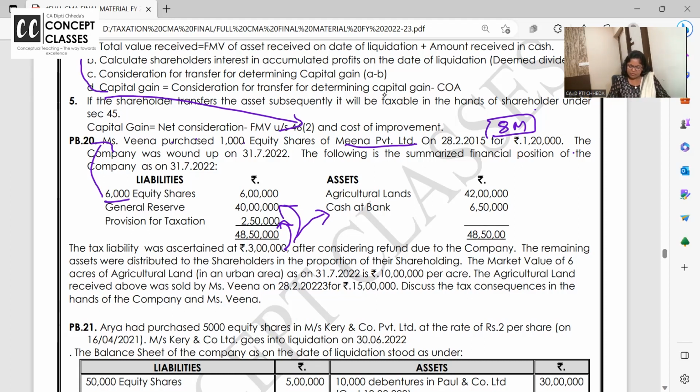Is the journal entry clear to everyone? The remaining assets were distributed to shareholders. Market value of 6 acres of land on July 22 is 10 lakh per acre. So leave its book value. What is the market value? 60 lakhs. Agricultural land was received by Veena and she sold it again for 15 lakh. Discuss the tax consequence in the hands of the company and Veena.